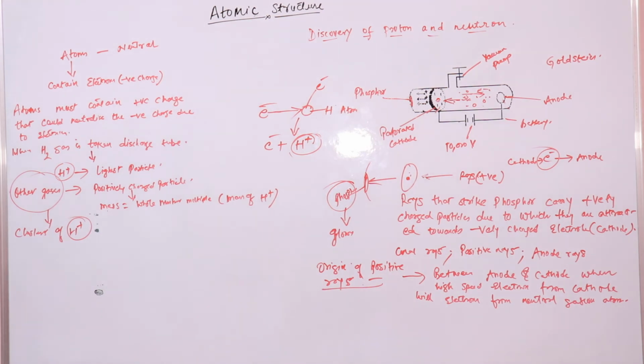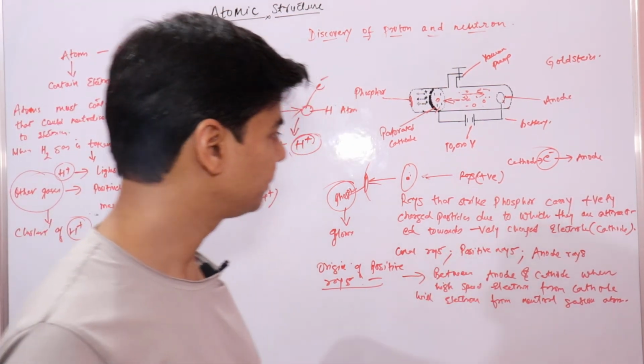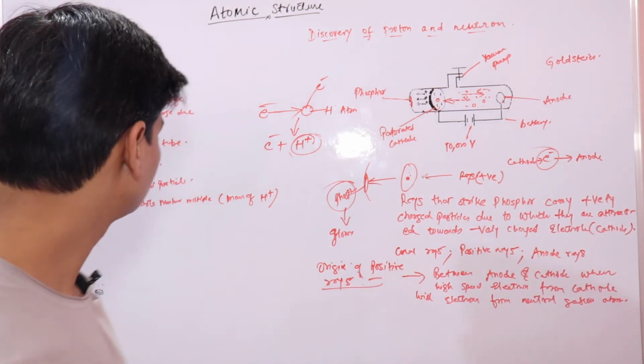So just remember this important concept: the positively charged particles obtained from hydrogen gas seem to be a fundamental particle, and this particle is called proton. Now we know this concept, and it is important here. How are these produced?